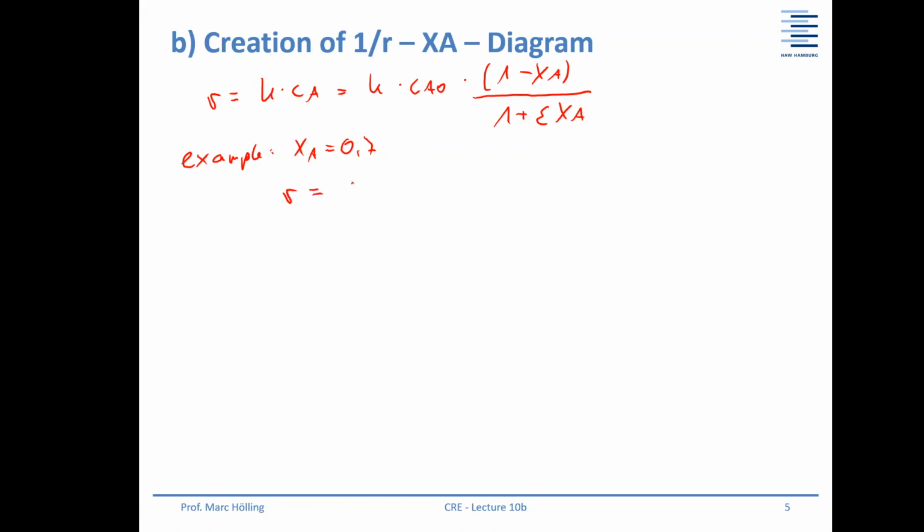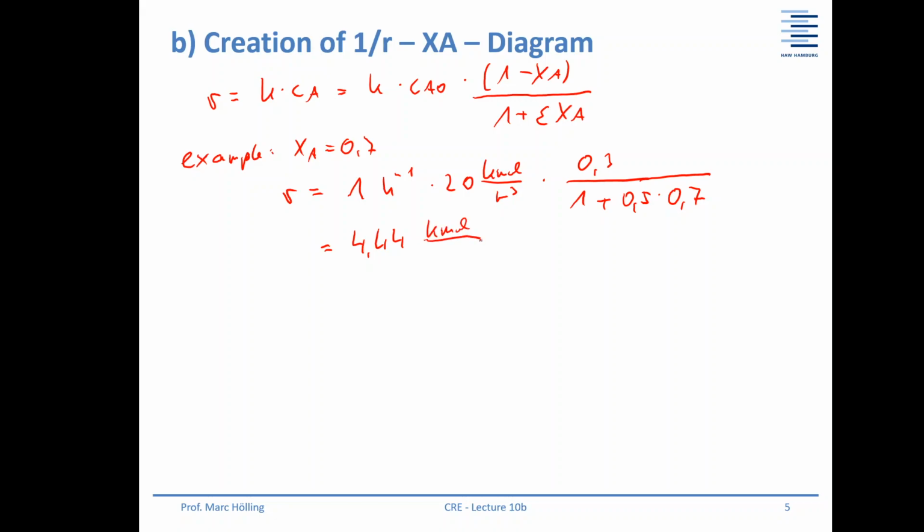So then we have R is, K is 1 hour to the power of minus 1 times 20 kilomole per cubic meter times 1 minus 0.7 is 0.3, and below it you have 1 plus 0.5 times 0.7, and if you calculate it, then you get 4.44 kilomoles per cubic meter and hour.